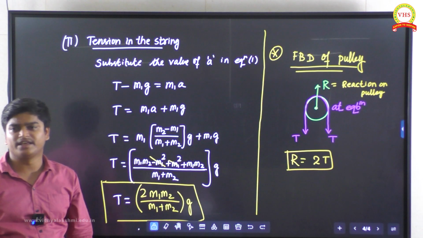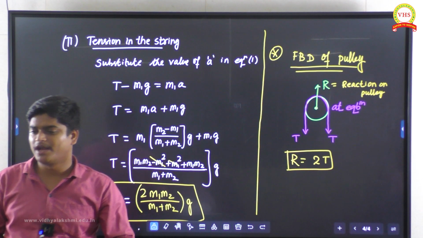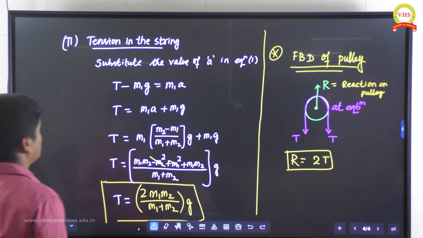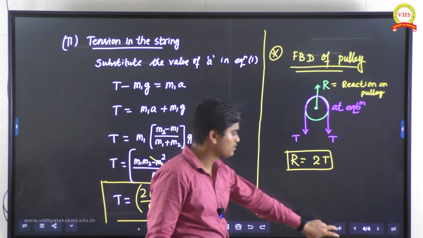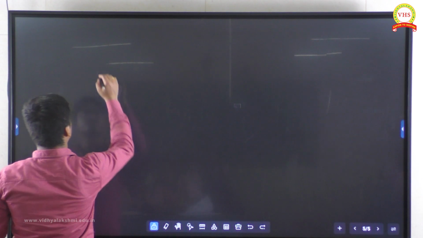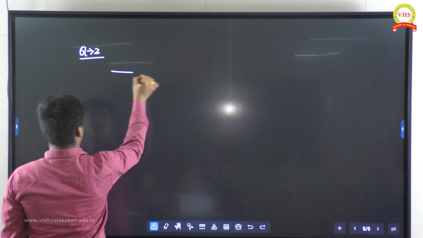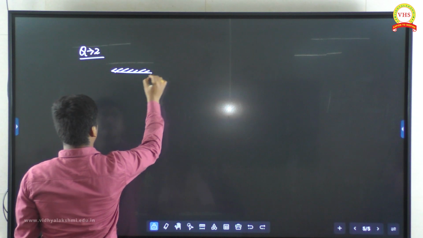Now all of you listen to one thing. We'll take one numerical problem. We'll try to calculate acceleration and tension for this particular question. Listen carefully. Here is one question I am taking. One pulley system is there.